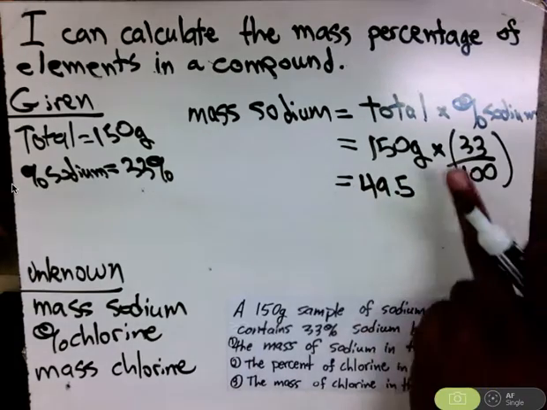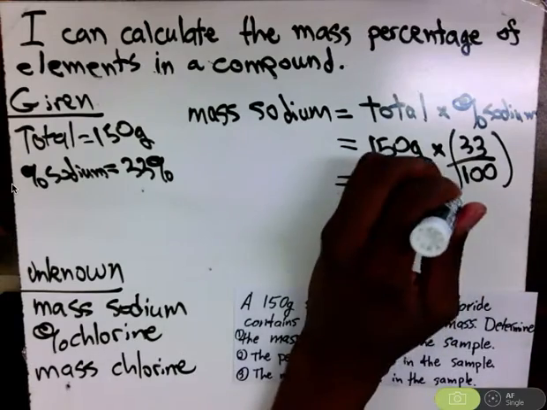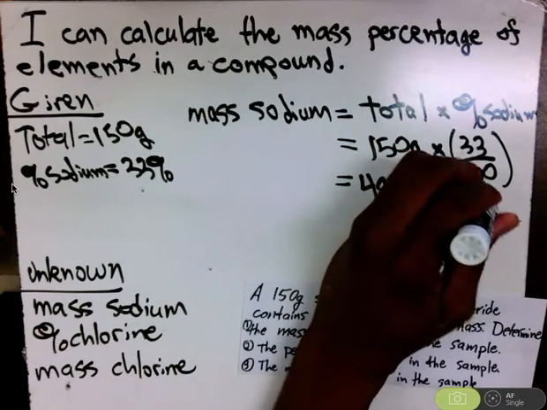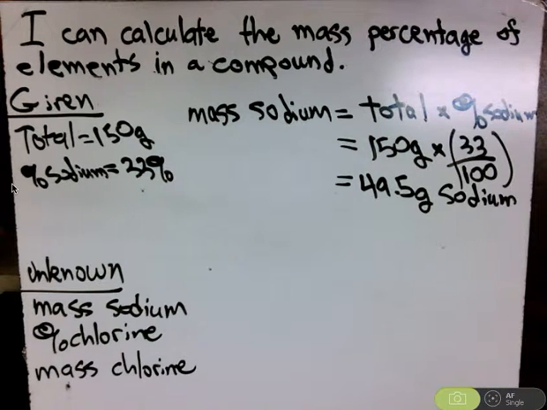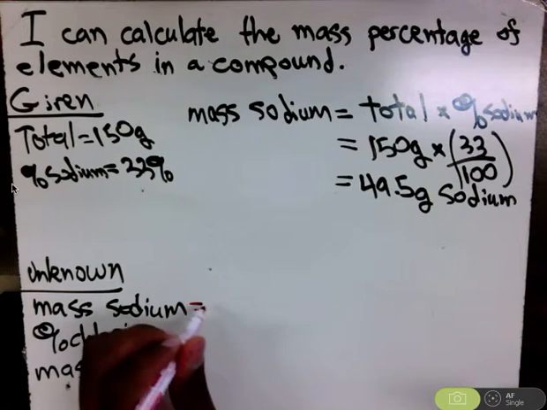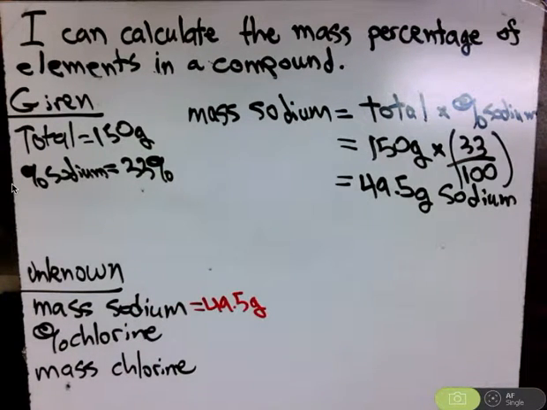What are my units? My units are grams. So 49.5 grams of sodium. That's the mass of sodium in my sample. So now this is known. That's my mass of sodium.